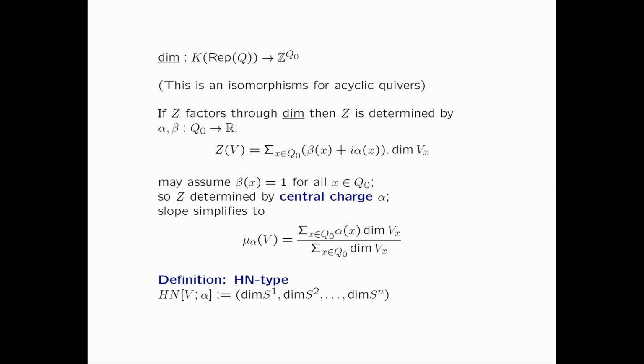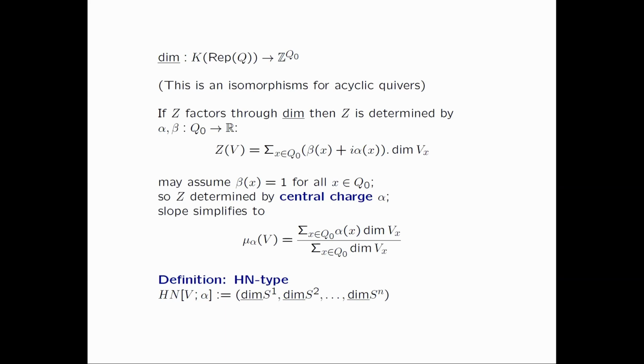Now, as long as the quivers are acyclic, and acyclic means in the directed sense, so in other words, there's no directed cycle in the quiver, I can't go around and come back to the same vertex in the oriented way, then this is actually even an isomorphism.